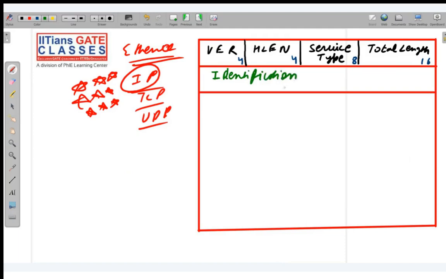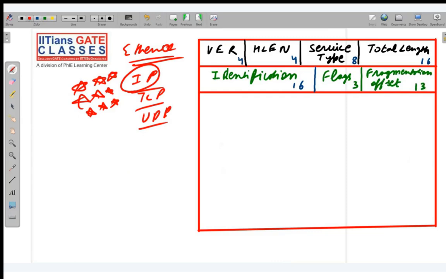Identification field is of 16 bits. Next is flags, a 3-bit field. Next is fragmentation offset. Fragmentation offset is of 13 bits.